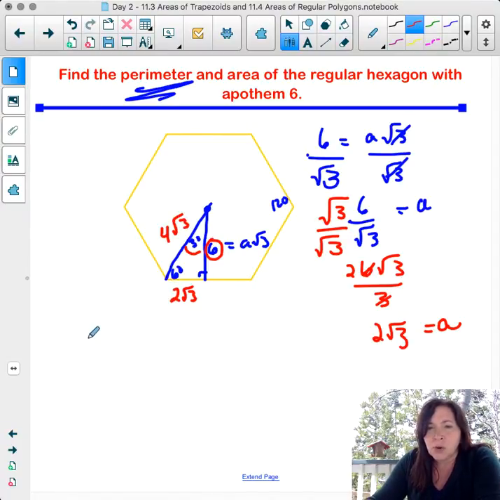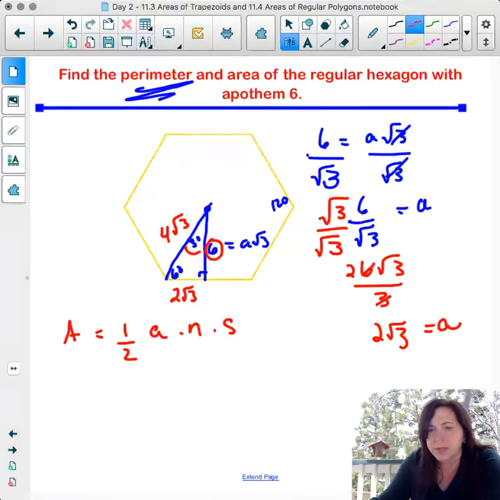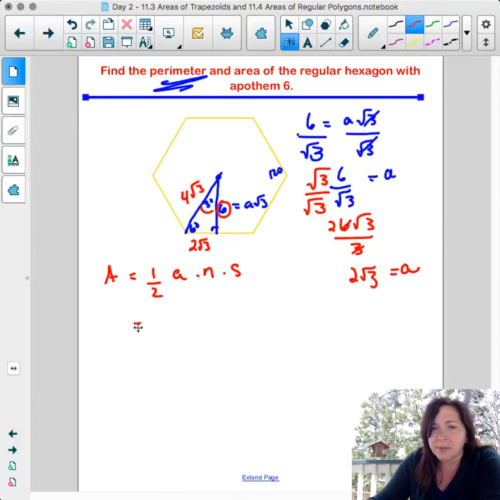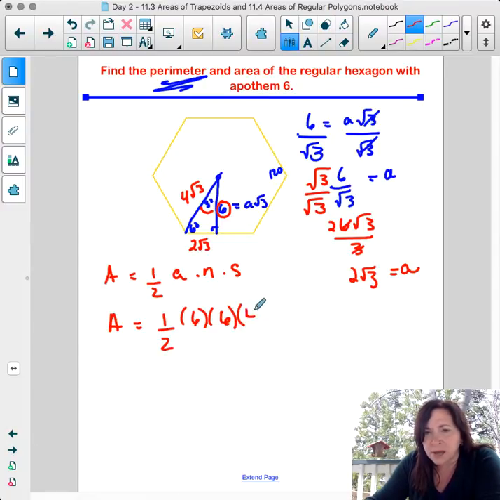So the area of my polygon is going to equal 1/2 ANS: apothem, number of sides, length of one side. So area equals 1/2 my apothem, which is 6, times the number of sides, which is 6, times the length of one side, which is 4 root 3. So this 2 will divide into one of my terms: 2 divides into 2 once, and a 6 three times.